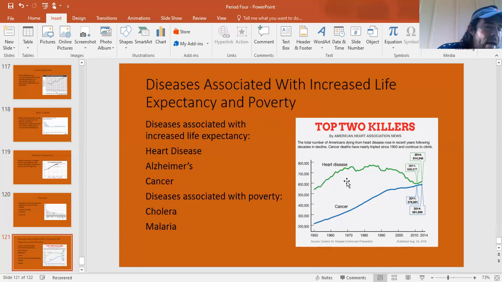Now, as people have lived longer, new people have become vulnerable to new diseases. The first thing we need to know are diseases associated with increased life expectancy. Very few people in world history died of heart attacks or Alzheimer's disease or cancer before period 4.